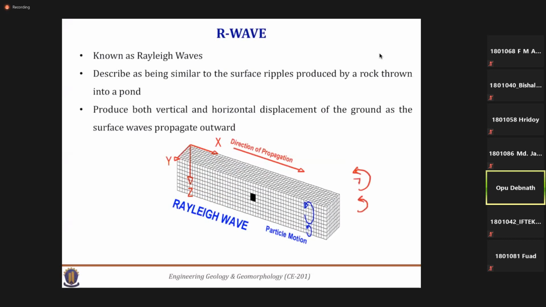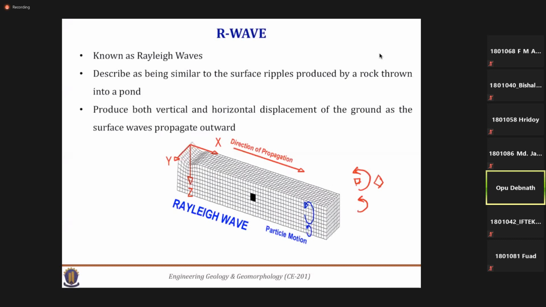That means suppose this is a particle, this will rotate. This will face a rotating motion. In those cases, the ground surface faces vertical and horizontal displacement.